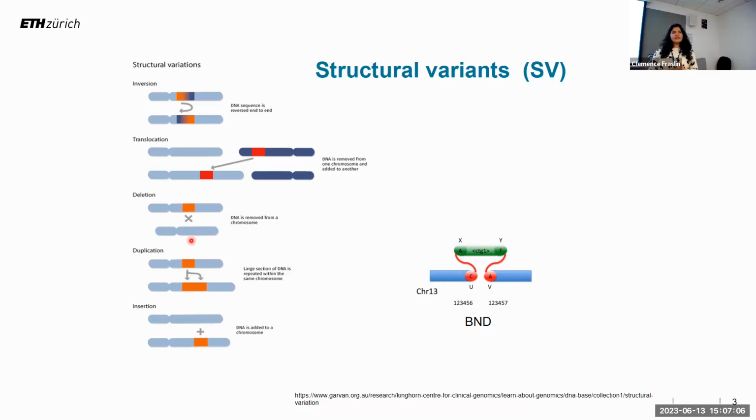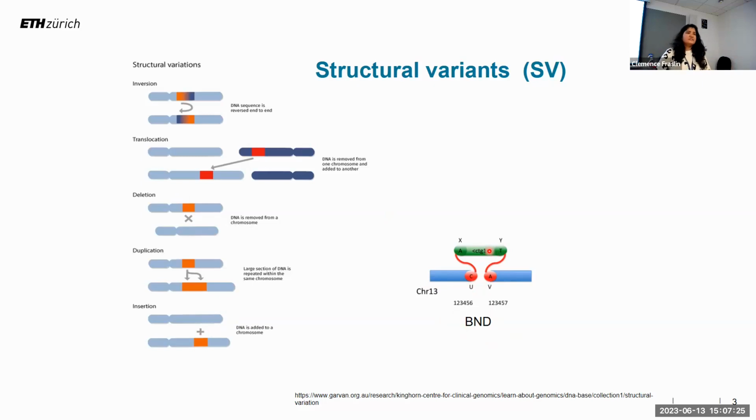And when you cannot identify them precisely, you call them BND, because you do not know where the other mates actually precisely map. So here you could see that on chromosome 13, there are 2 mates identified, but those 2 are aligned somewhere in a contig.